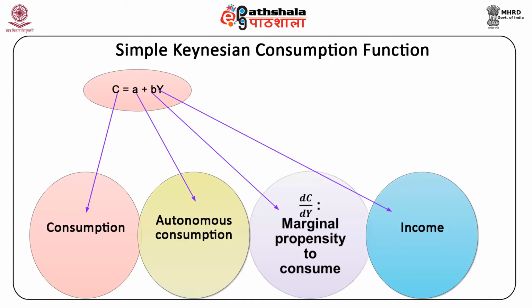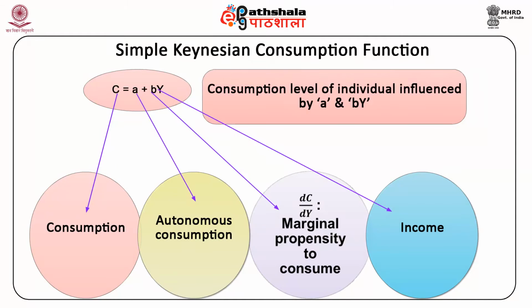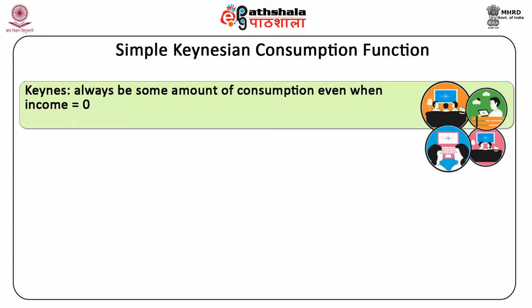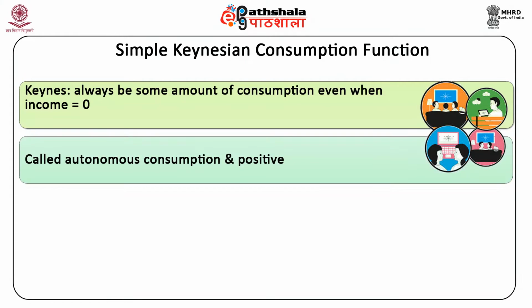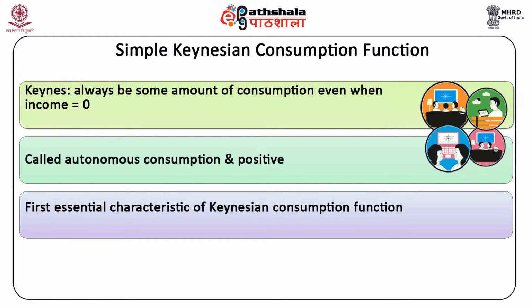The equation shows that the consumption level of an individual is influenced by an autonomous consumption and a constant fraction of income, which is BY. Keynes theorized that there will always be some amount of consumption even when the income is zero. This is called the autonomous consumption and will always be positive. This is the first essential characteristic of the Keynesian consumption function.